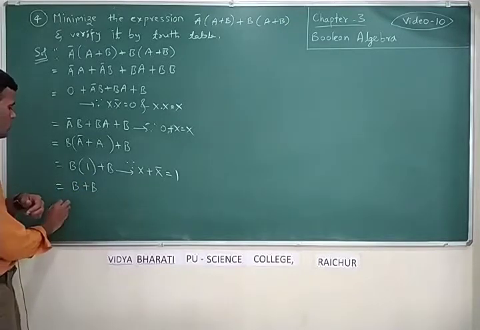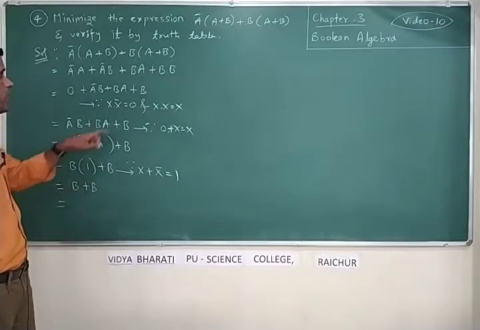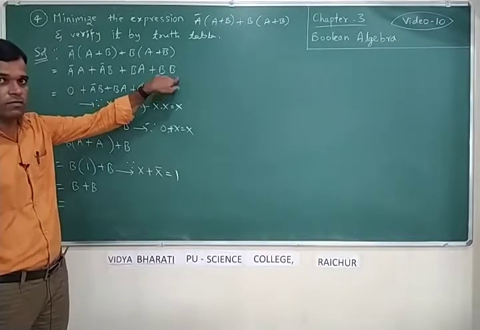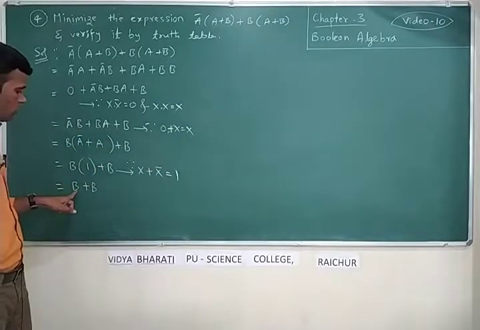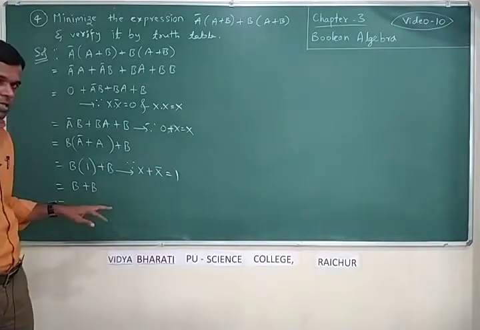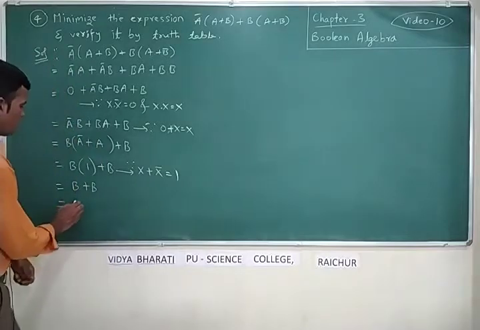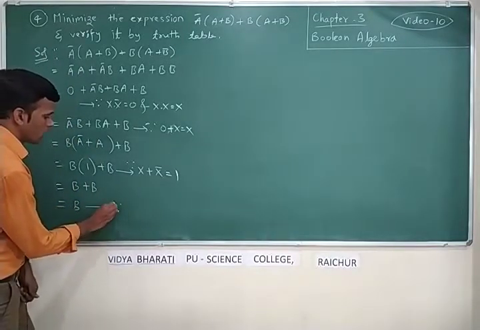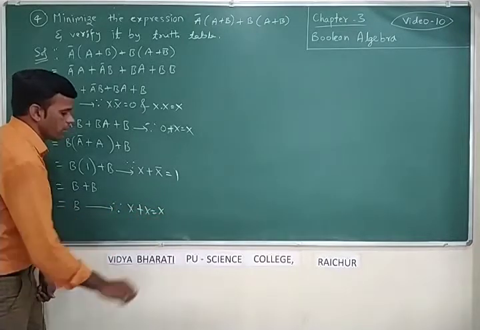Okay. So now one more theorem here. So here, as you used, when a variable is ANDed with itself, the variable is the answer. Here also, when the variable is ORed with itself, again the variable itself is going to be the answer. So b plus b is just b, because we know that x plus x is x.